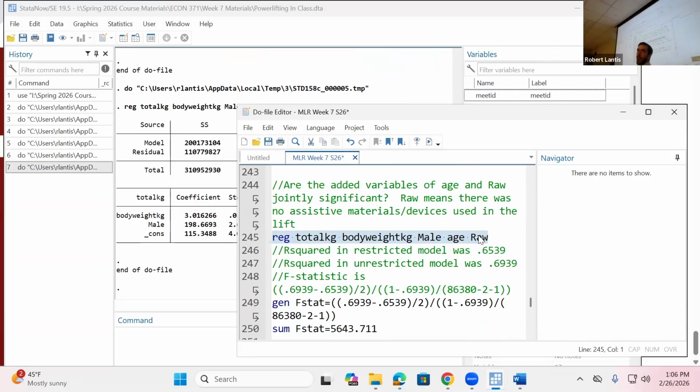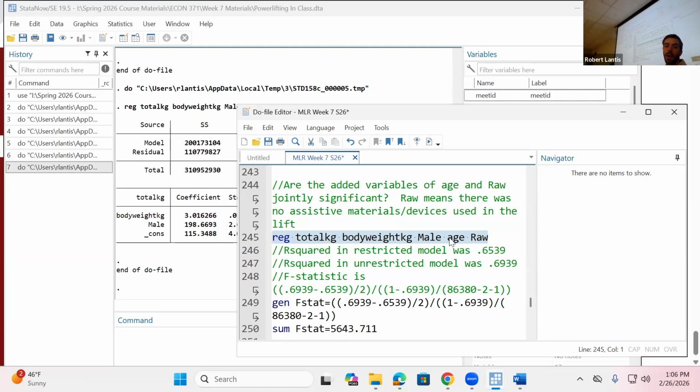So even before I run this regression, what would I expect the sign on that to be? When I have a dummy variable, the coefficient on that variable is the predicted change in my y variable. So if this is for when they can't use any assistive equipment, what would you expect the amount of weight they can lift? It would be lower, or that coefficient would be negative.